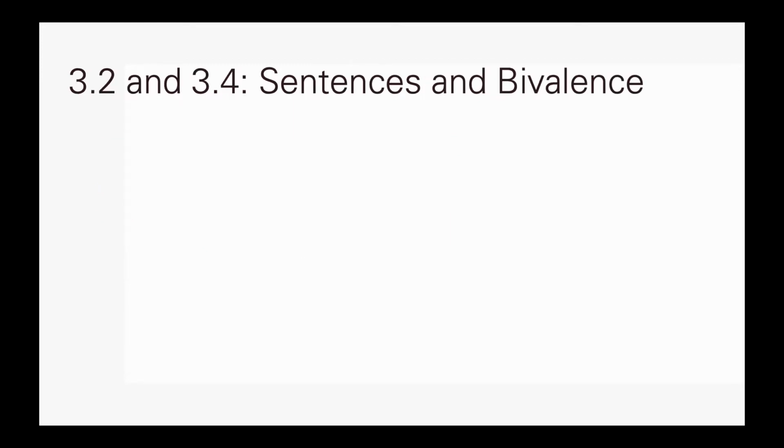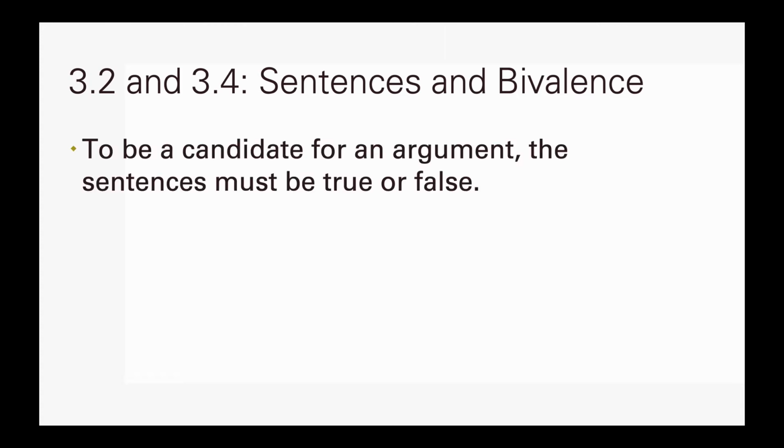Remember, an argument is a collection of statements. We can think also in terms of the fact that an argument aims at establishing a truth, establishing a claim is true. So, the sentences that are candidates for an argument have to have what's known as a truth value.